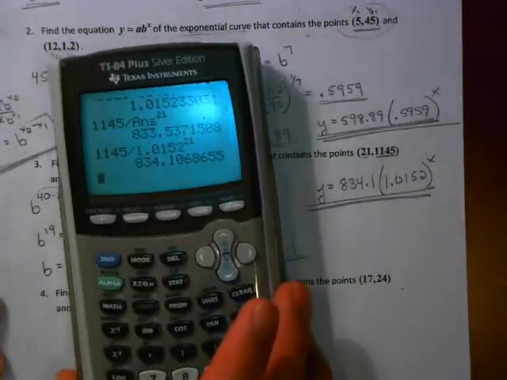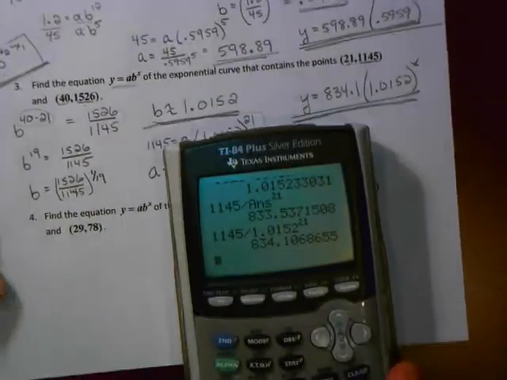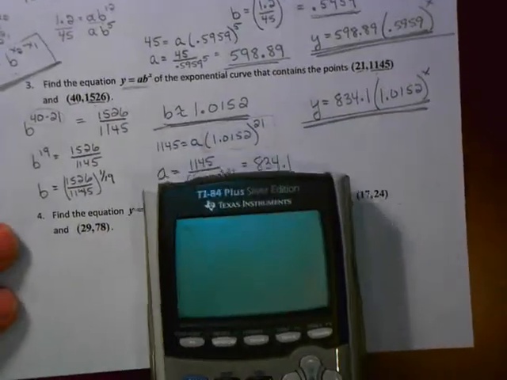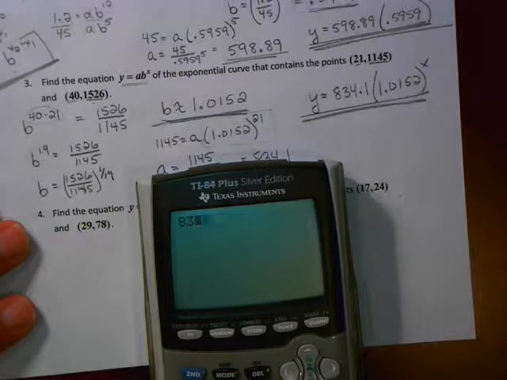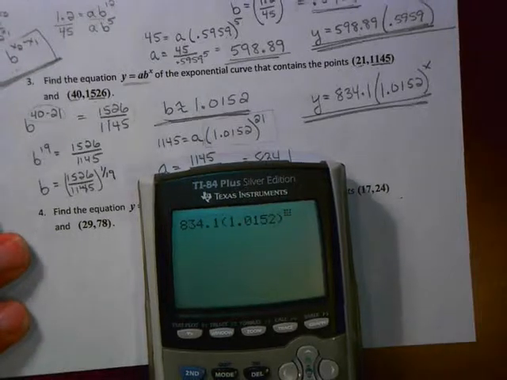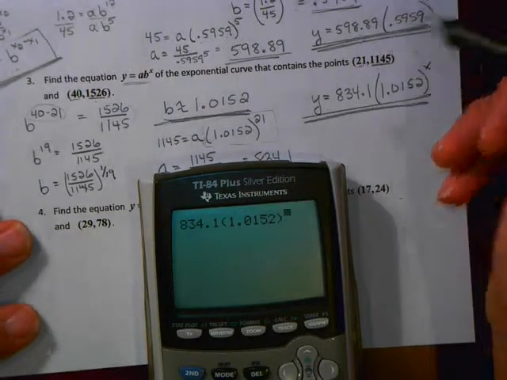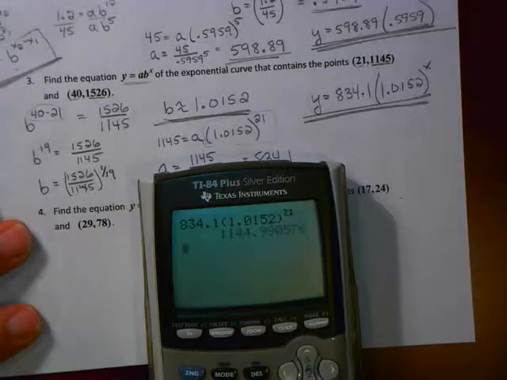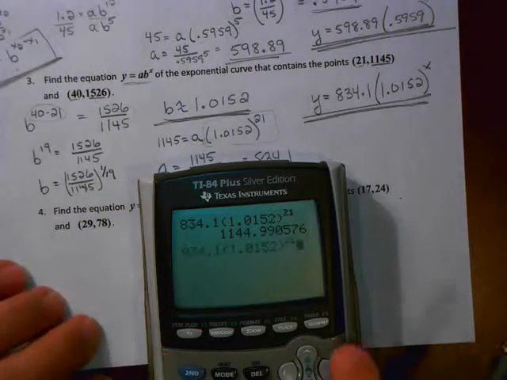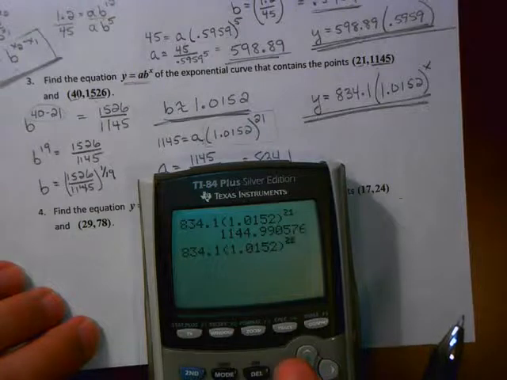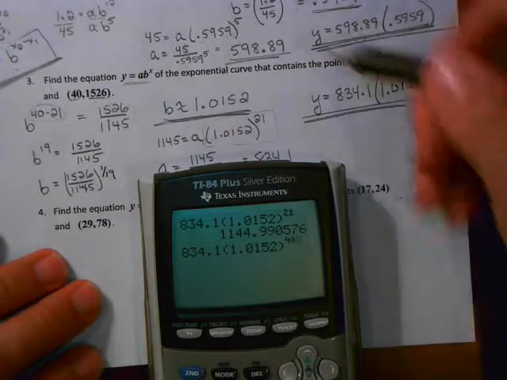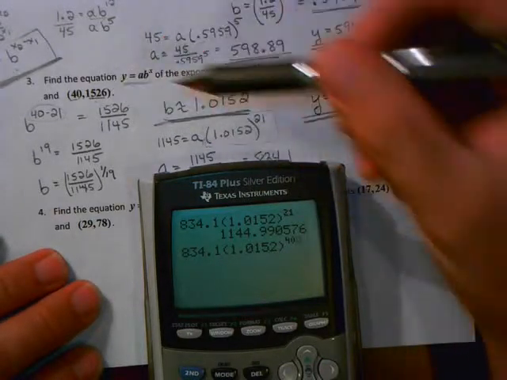Oh, and we should take the time to check it. So I'm just going to clear. So we have 834.1 times 1.0152 raised. So if I put 21 in, we should be close to 1145. And if I put 40 in, we should be close to 1526.